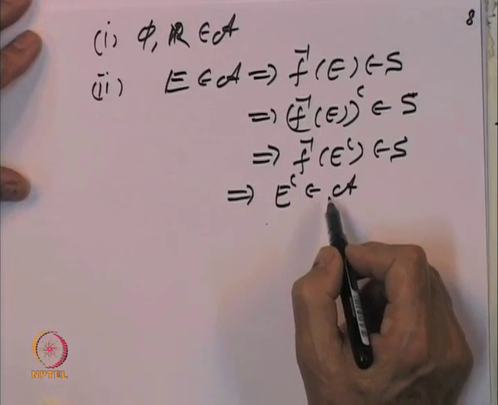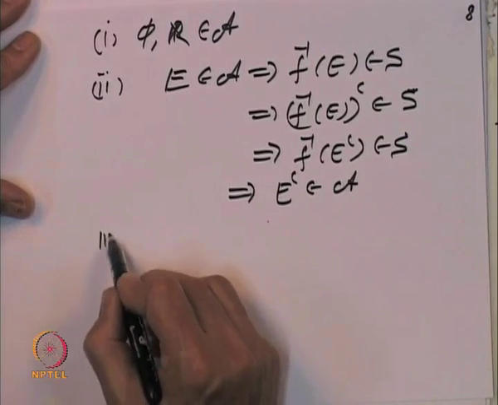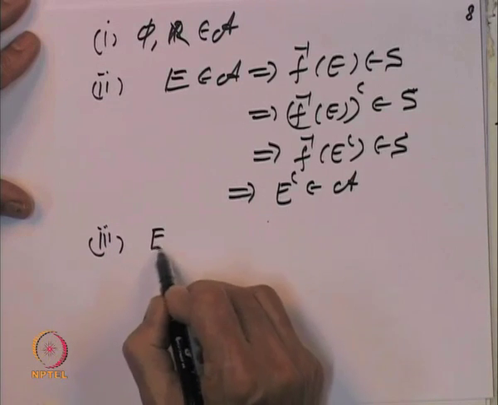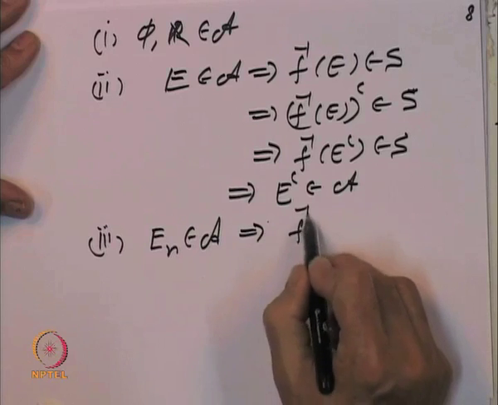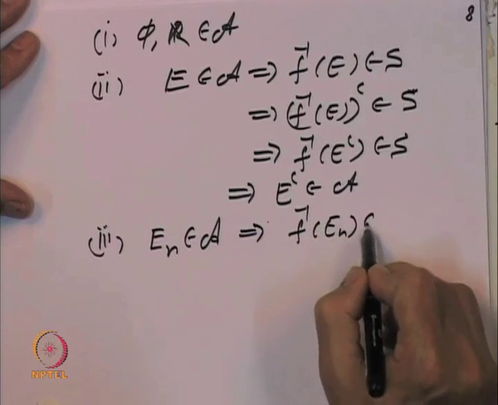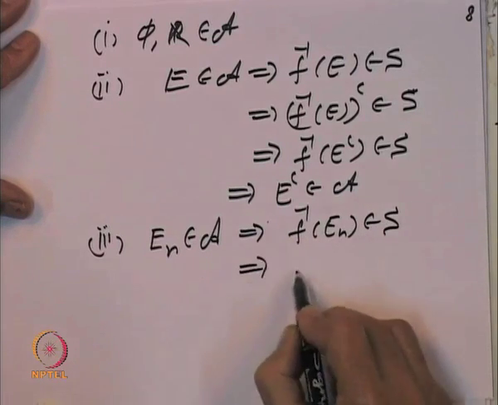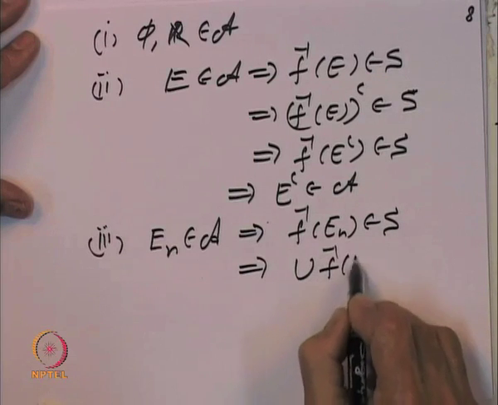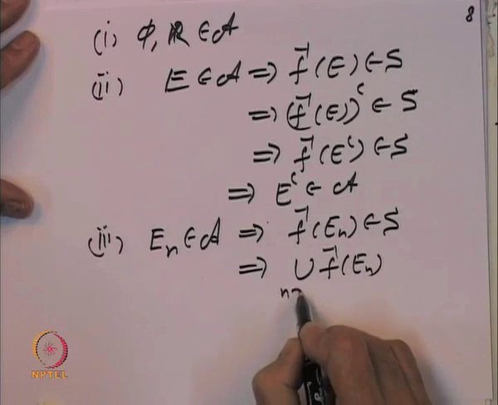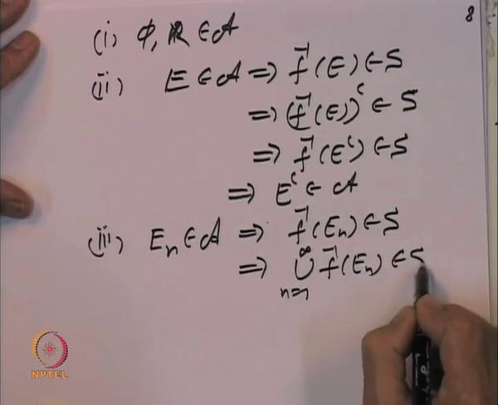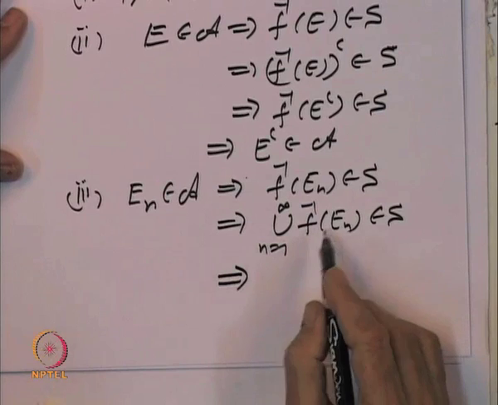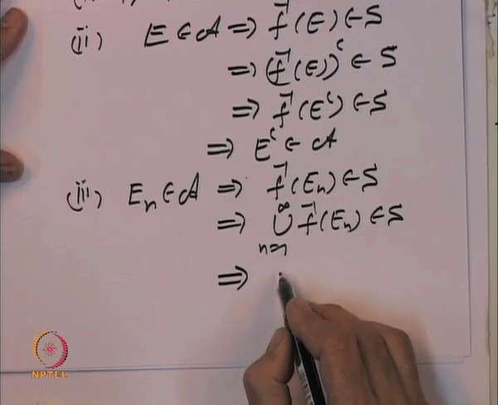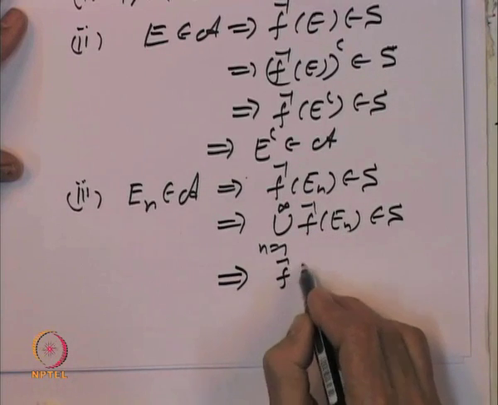So, A is closed under complements, and finally, if E n's belong to A, that implies f inverse of E n belong to S. So, the union of f inverse of E n's also belongs to S, because S is a sigma algebra, and that is the inverse image of the union, since the union of inverse images is the inverse image of the union.